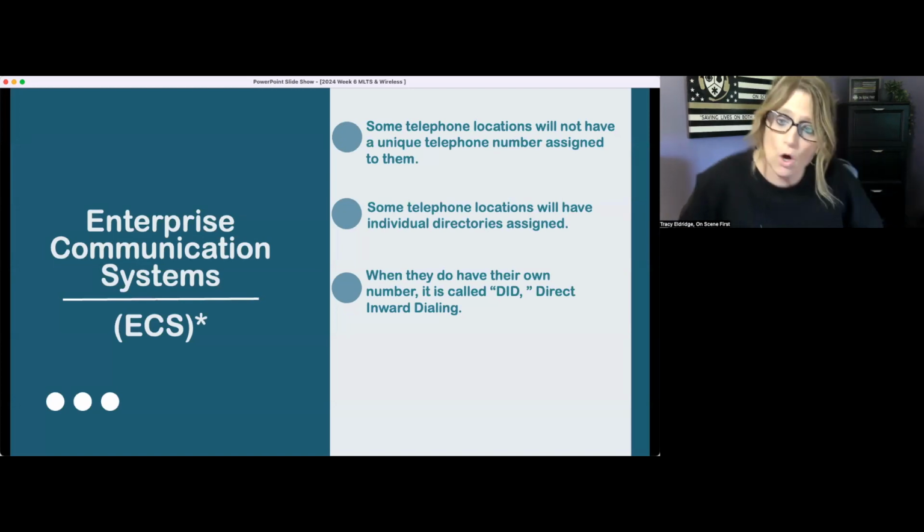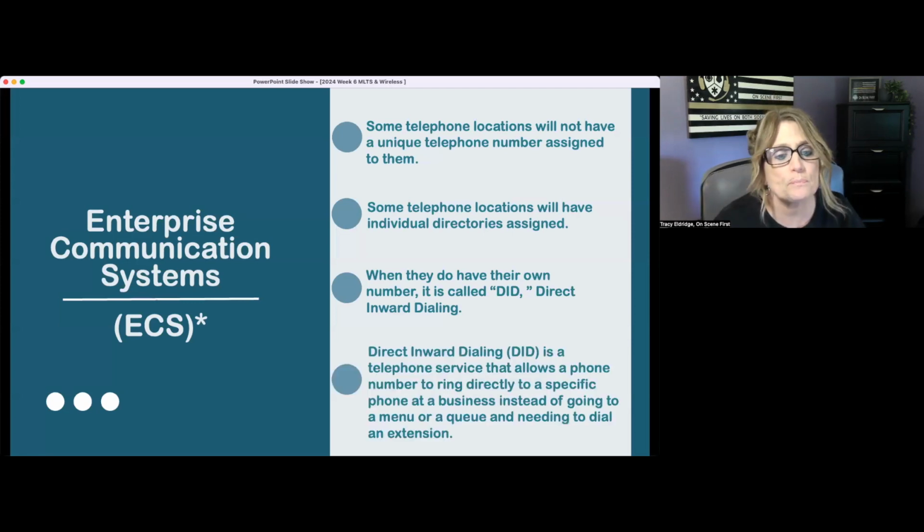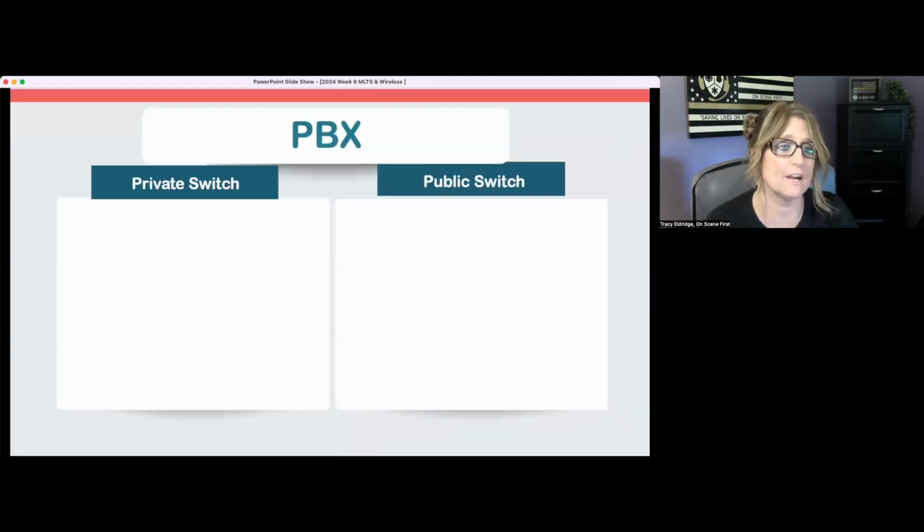Usually when a phone call is made, it may use that outgoing number or a bank of phone numbers to go out, but you're only calling one number in. Direct inward dialing, DID, is a telephone service that allows a phone number to ring directly to the specific phone at the business instead of going through the menu or a queue and needing to dial that extension. I do recall DID being on my exam, so that's why I put a couple of ways to define that in there.